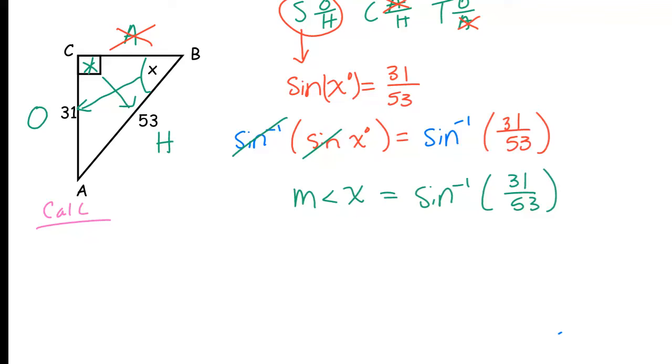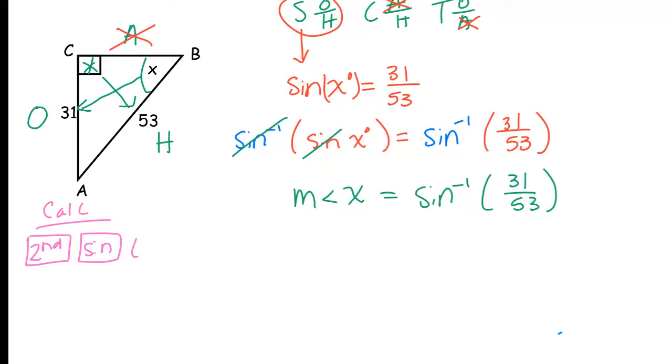So to get to sine inverse, notice on the calculator, sine inverse is right on top of the sine. So you have to click on second, and then you click on sine, and then it's going to open a parenthesis automatically.